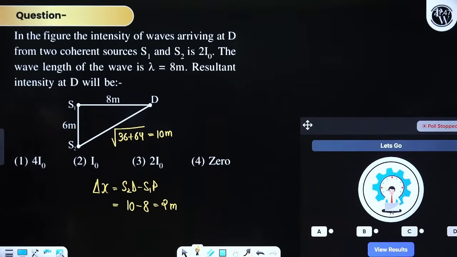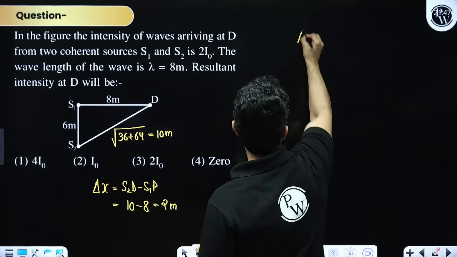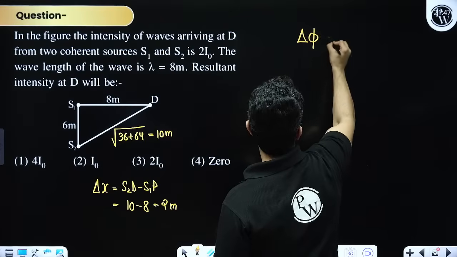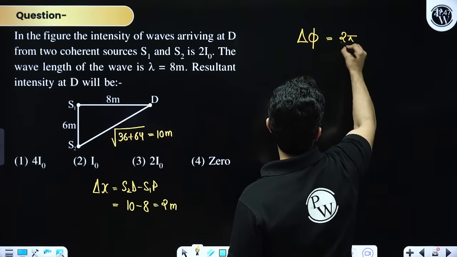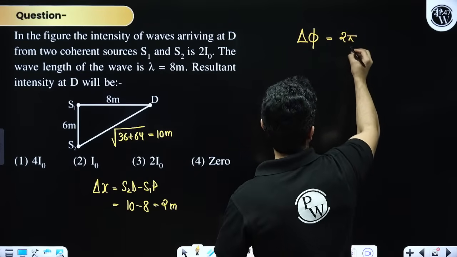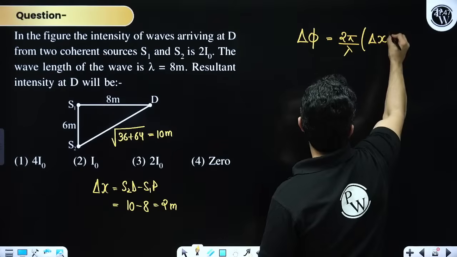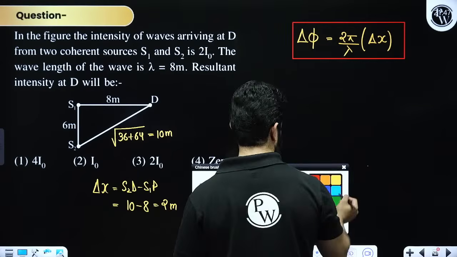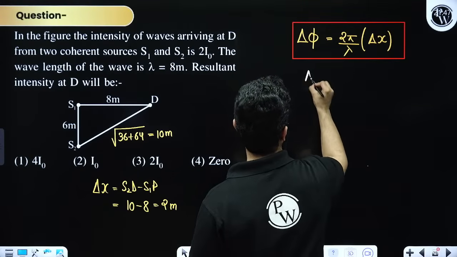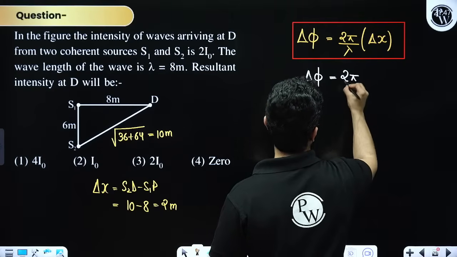Right? This is 2 meter, and if this is 2 meter, dosto, the relation between phase difference and path difference is 2 pi by lambda multiplied by delta x. So you are going to get delta phi is equal to 2 pi by lambda.